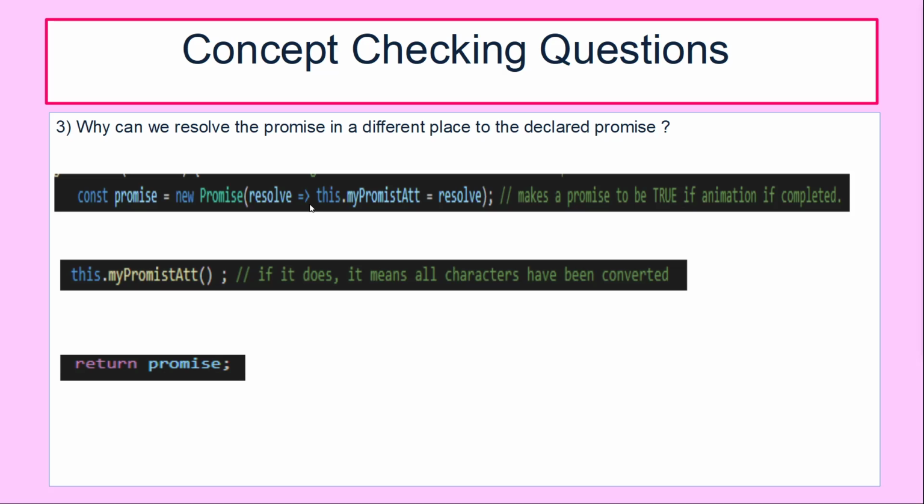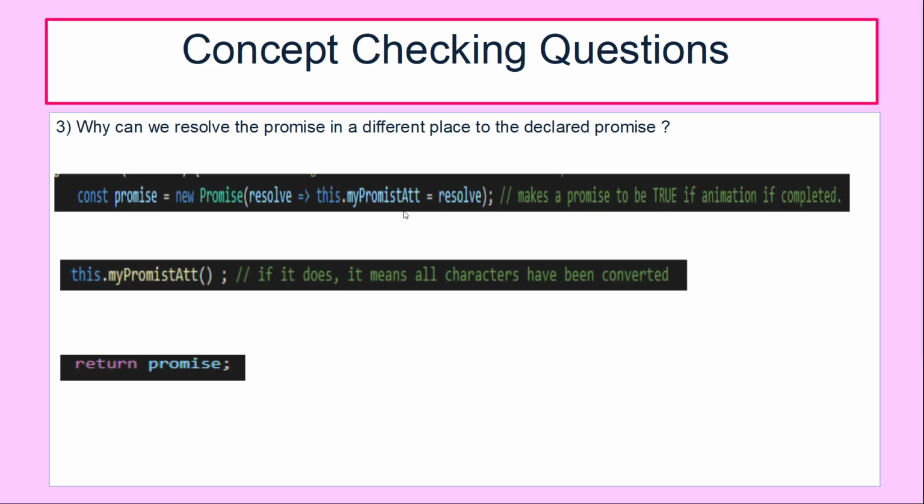The way that we did this is because we had managed to attach this resolve condition to this attribute, and we had to declare this attribute before we returned that promise. Because with our .then we were calling a method, and before we use the .then, we have to make sure we return the promise so that .then can see whether that promise has been fulfilled.